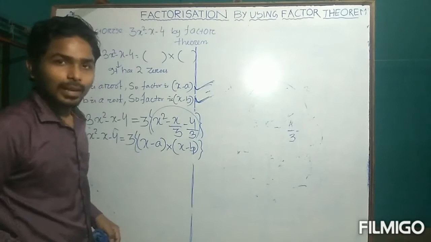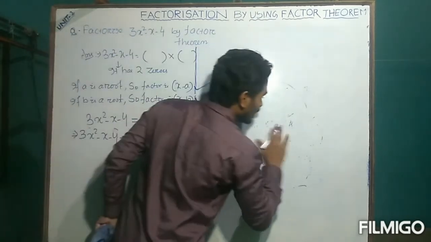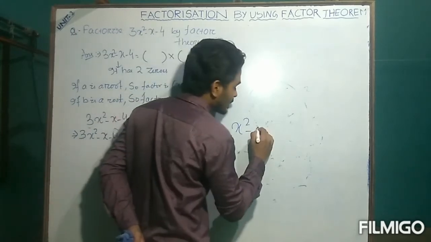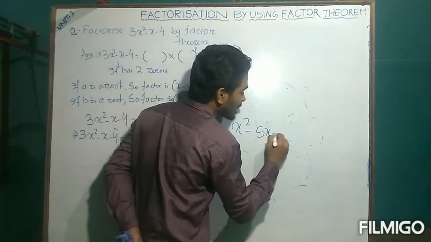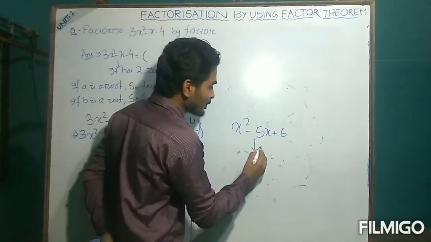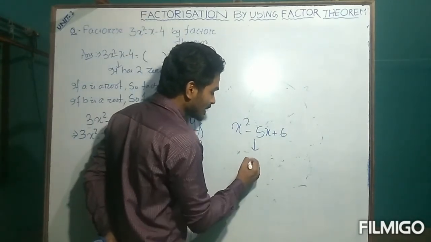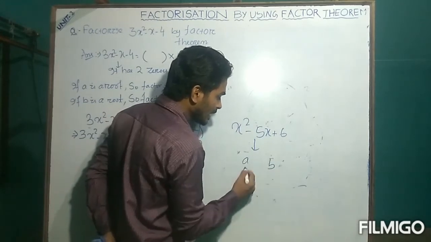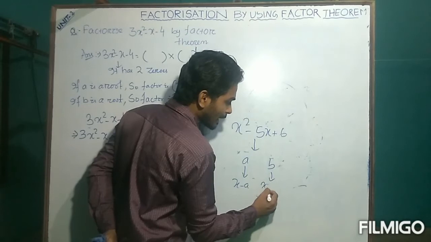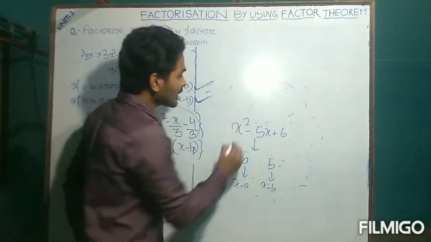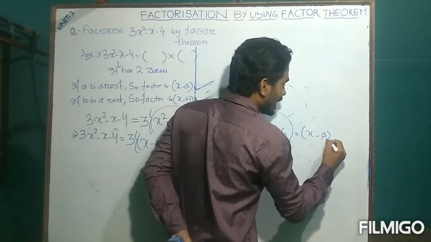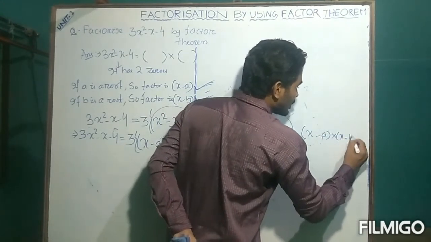Okay. Are you getting it? For example, in the previous session we have taken x square minus 5x plus 6. This is the quadratic polynomial. Okay. Since it is a quadratic polynomial, that means it has two roots, a and b. For a we have a factor x minus a, for b we have a factor x minus b. That means this quadratic polynomial can be written in the form x minus a into x minus b.